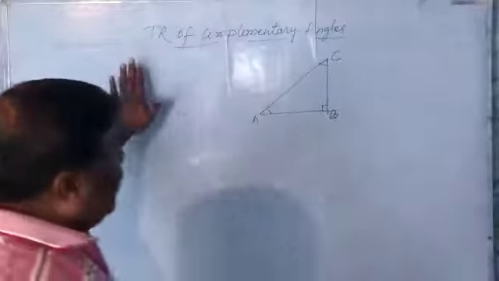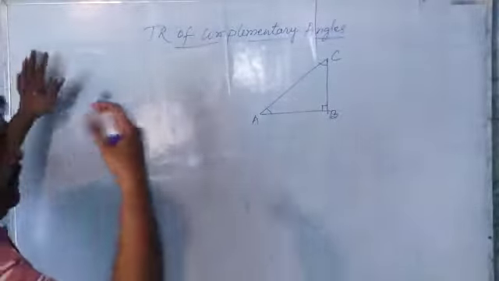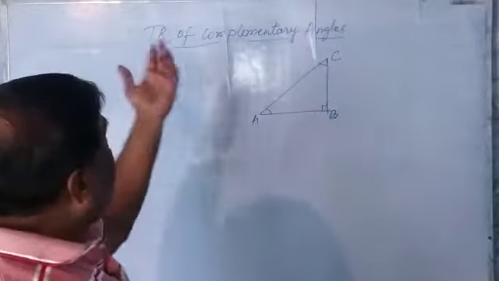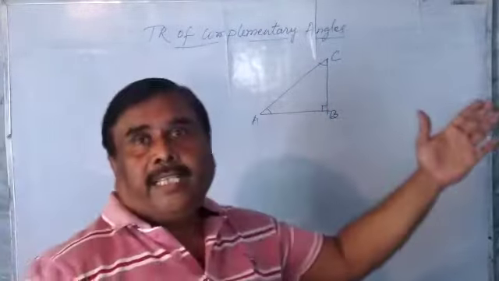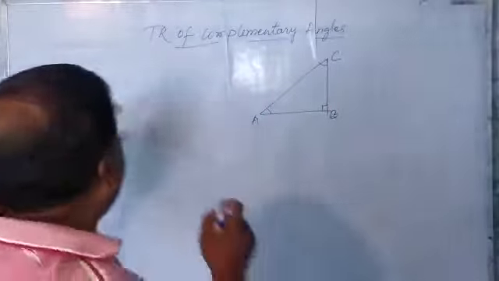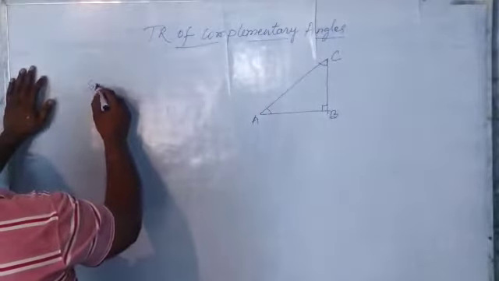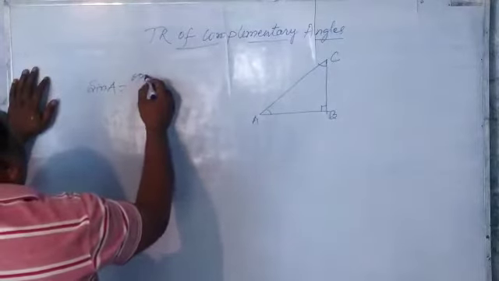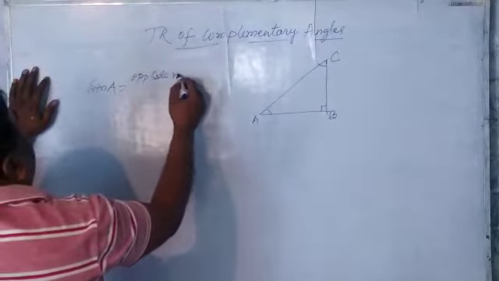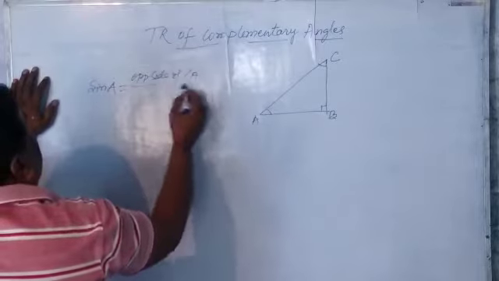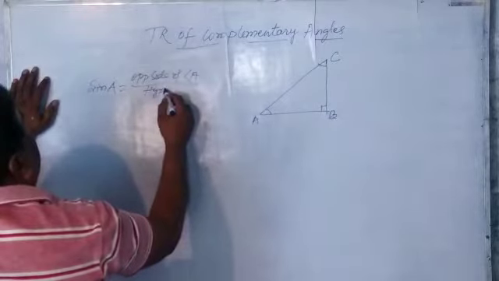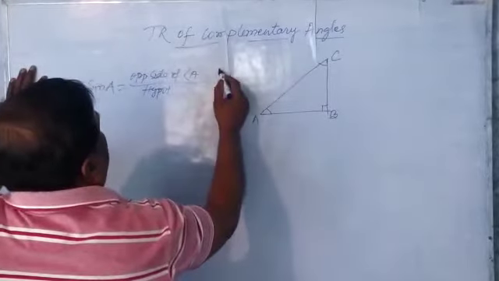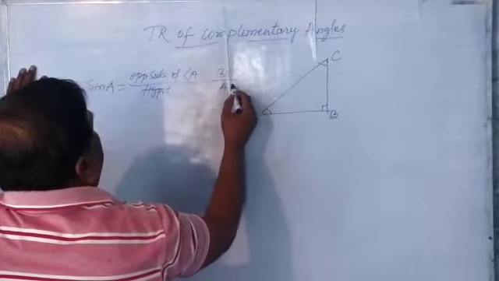Here, if we take angle A and define the trigonometrical ratios for angle A, then we know that sin A means opposite side of angle A by hypotenuse, which is equal to opposite side of A, that is BC, by hypotenuse AC.